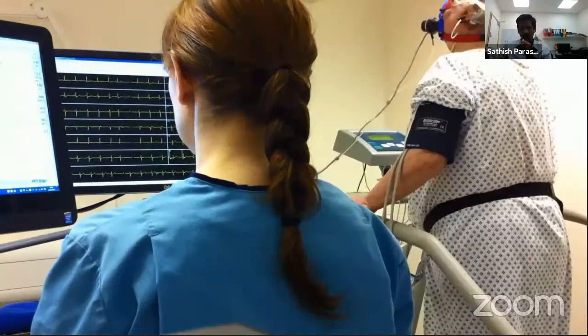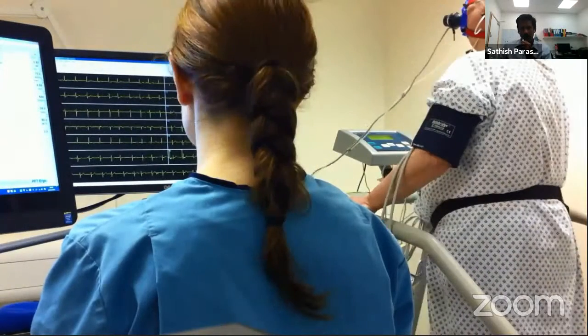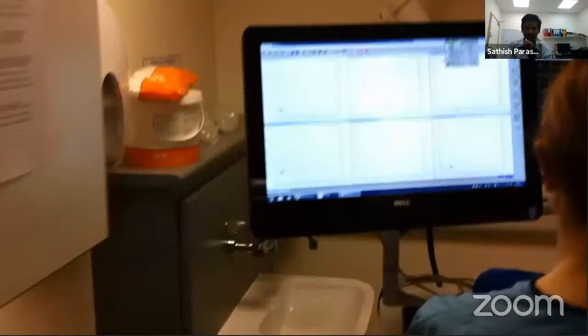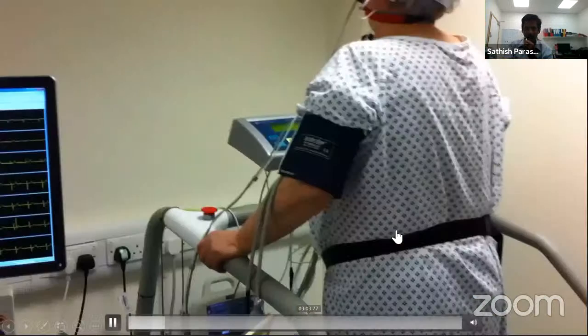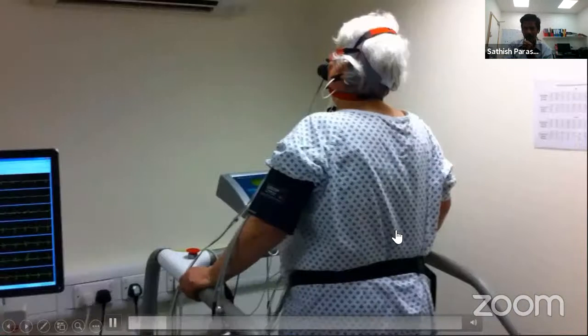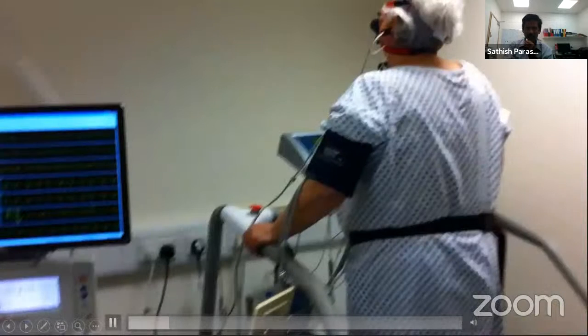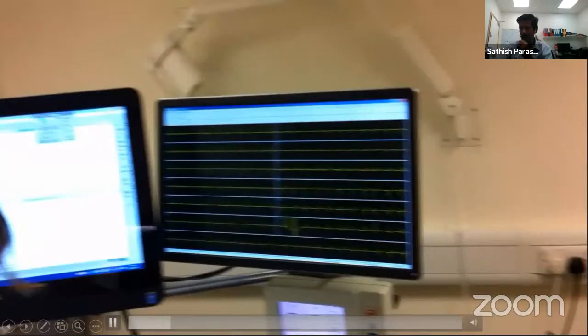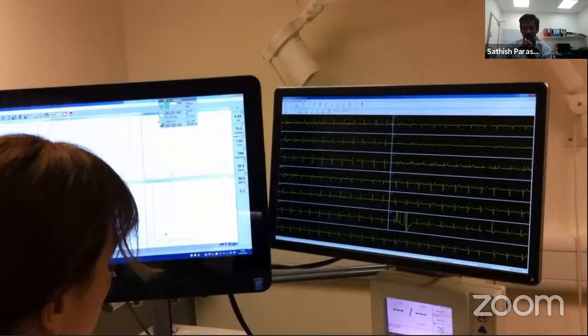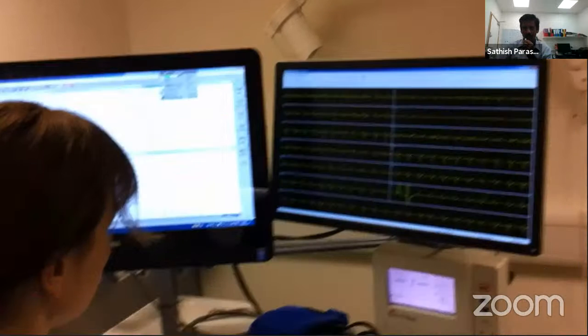So here is an elderly woman doing a cardiopulmonary exercise test on a treadmill. Again, she wears a belt on her hips, which has the ECG leads attached, and then she has a blood pressure cuff, a saturation probe on the left ear, and a mask to measure the gas exchange.